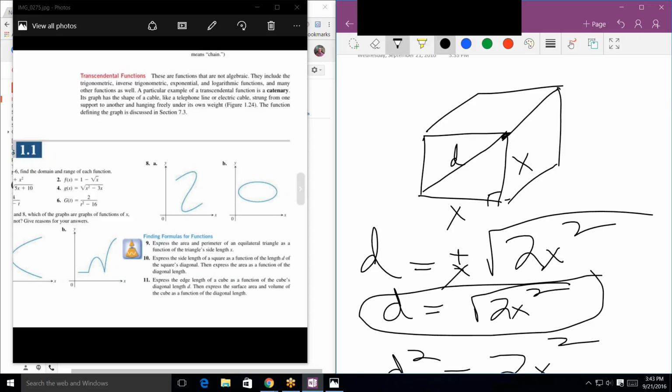Surface area of any cube is always 6x squared, and the volume of any cube is always x cubed. But stating it as a function of the diagonal of one of the squares is a lot harder because you have to solve this to get what x is in terms of diagonal, and then you go from there.